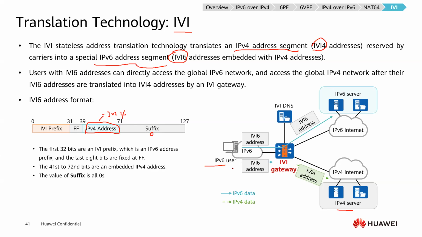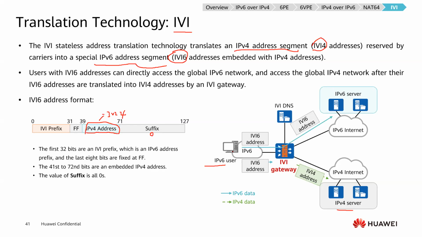Therefore, the IPv6 host obtains the IPv6 address, default gateway address, and DNS server address through static configuration or DHCP version 6 options, because it will use the special IVI address, right? So you need to configure it yourself, or use DHCP. It cannot use SLAAC.